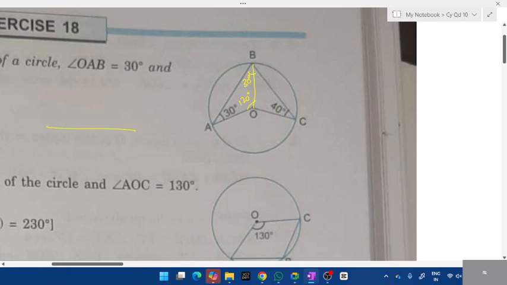Okay, is AOC a straight line? Is it a straight line, Joanna? Not this one. Here. Is it a straight line in the circle? No, it's not a straight line in the circle.